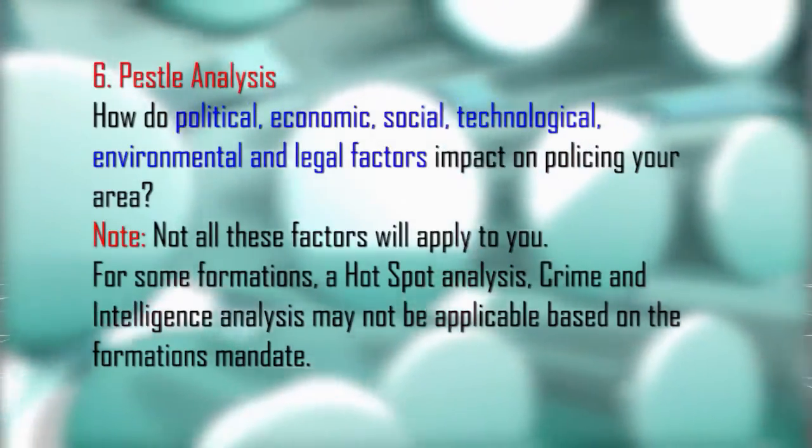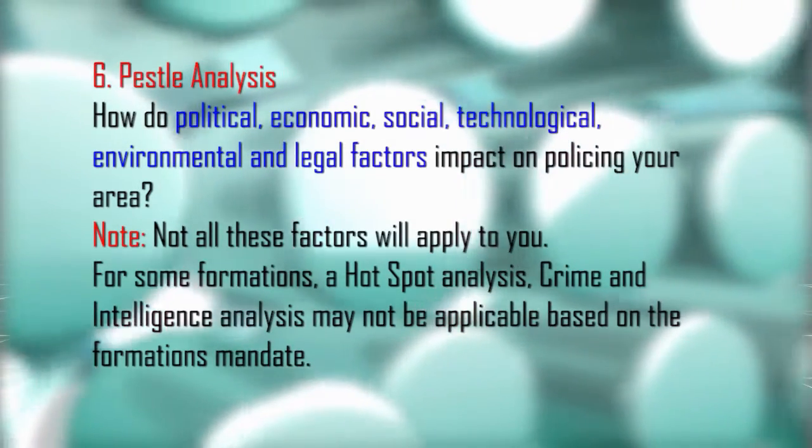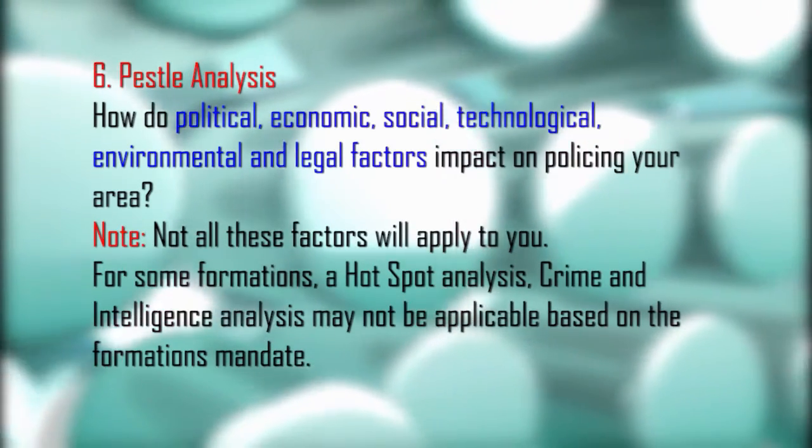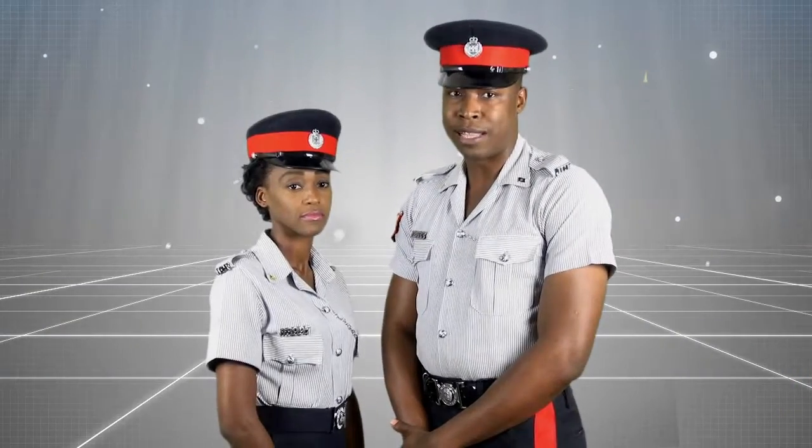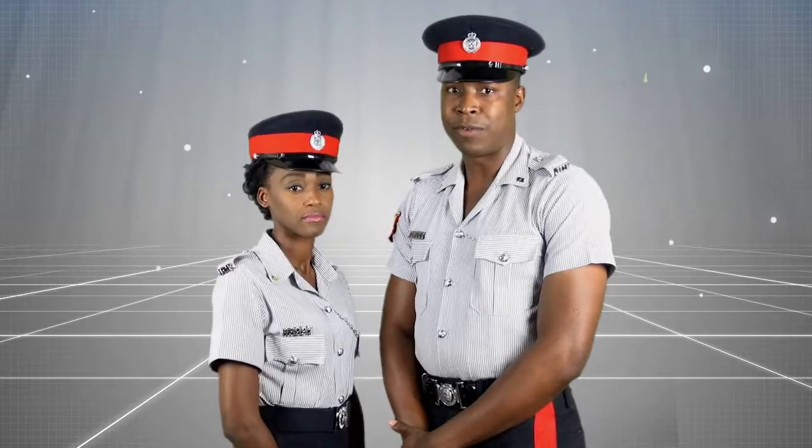PESTLE analysis, that is, how do political, economic, social, technological, environmental, and legal factors impact on policing your area. Note, not all these factors will apply to you. For some formations, a hotspot analysis, crime and intelligence analysis may not be applicable based on the formation's mandate. Now let us take a look at the main content of the Policing Work Plan.